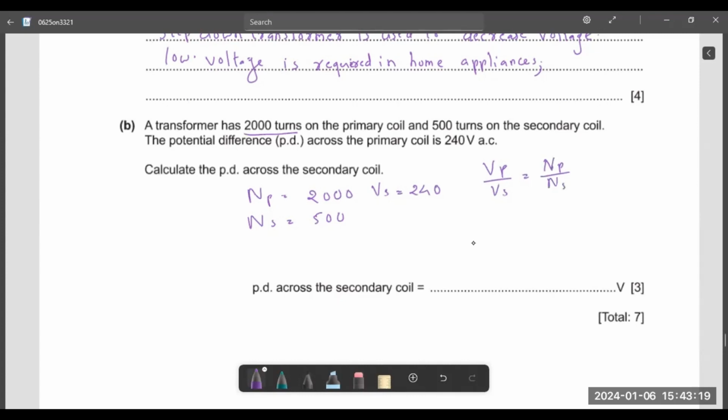We need to find Vs. The primary voltage is 240 volt. So Vs will be equal to Vp into Ns by Np. Primary voltage is 240 volt, Ns, the secondary turns, is 500 and primary turns is 2000.